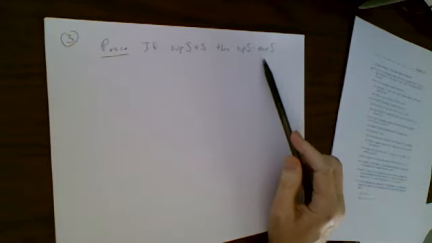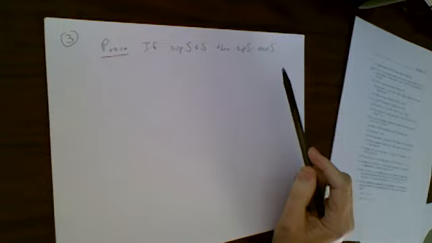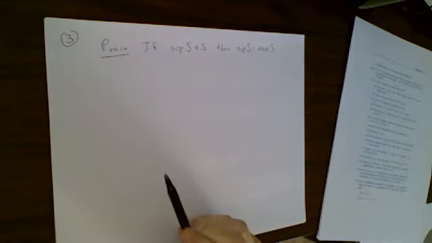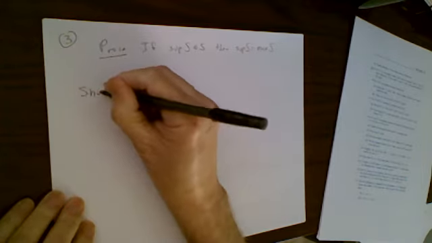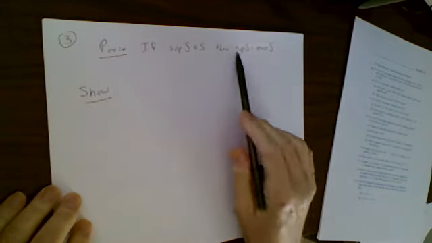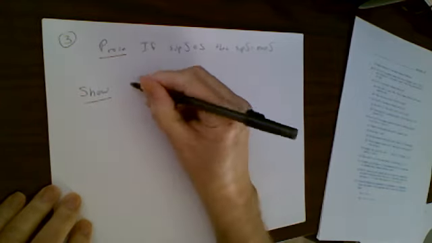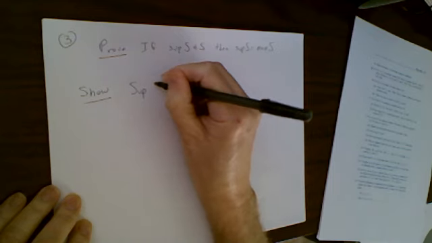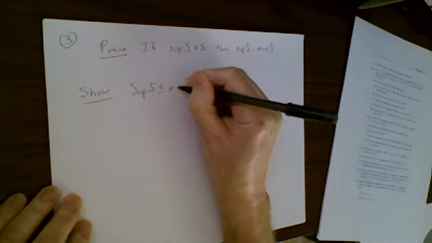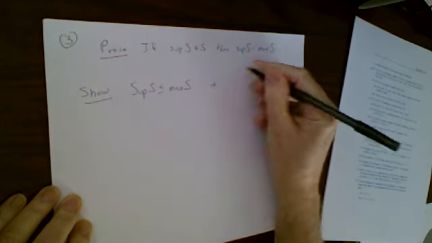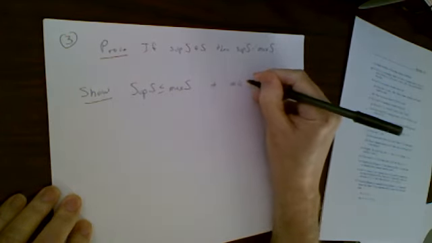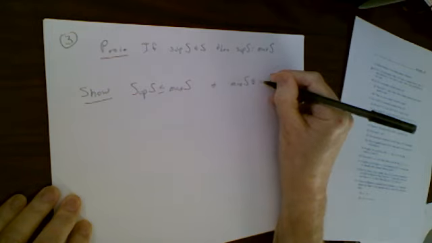Now, there are lots of sets that don't have maximums, like open intervals, but we want to prove that if the supremum is in the set, then the supremum is the max. So we need to show two things. I mean, how do we typically show equality in mathematics? We have to show that the supremum is less than or equal to the max, and that the max is less than or equal to the supremum.